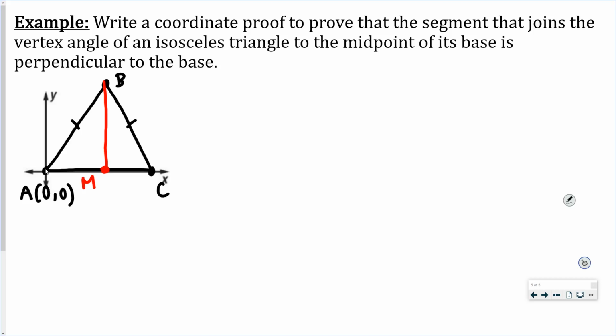Now for this proof, we get to pick what we call the distances of these triangle lengths. All right? Now, if I have to calculate the midpoint of something, I want to pick a number that's even because I can easily figure out what's halfway between.